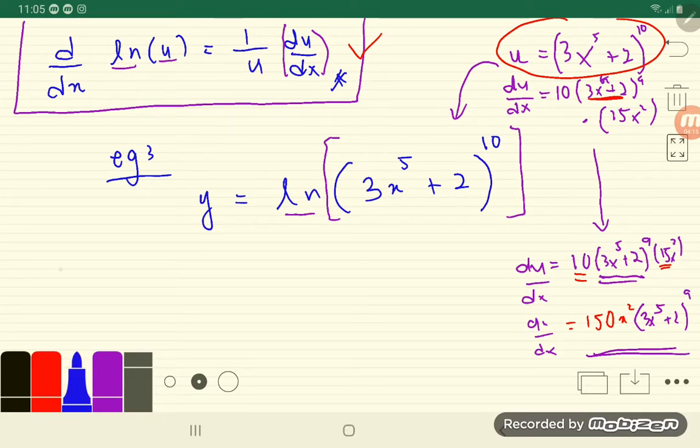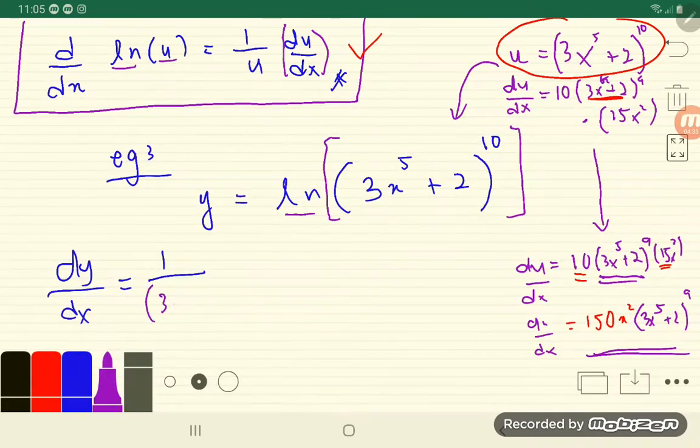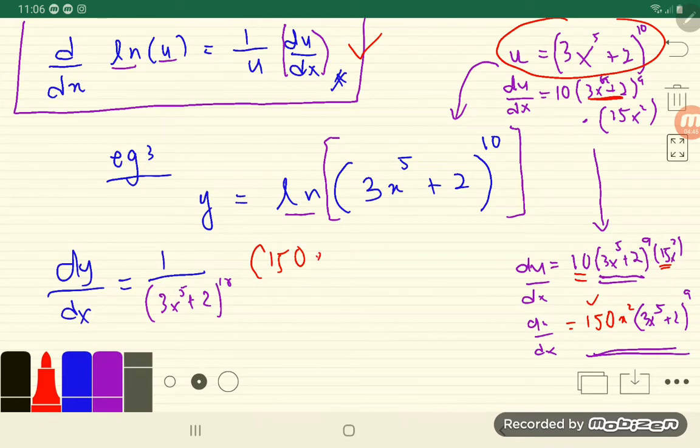So you can say that the final answer for our dy over dx, no longer du over dx, you are supposed to get it as 1 over u. So the value of your u is (3x to the power of 5 plus 2) to the power of 10, multiplied with 150x to the power of 4 and (3x to the power of 5 plus 2) to the power of 9.